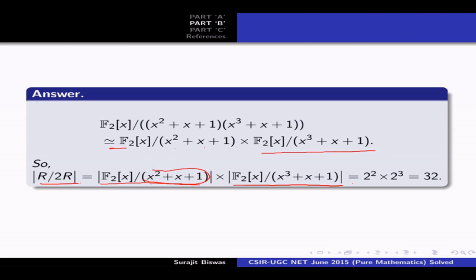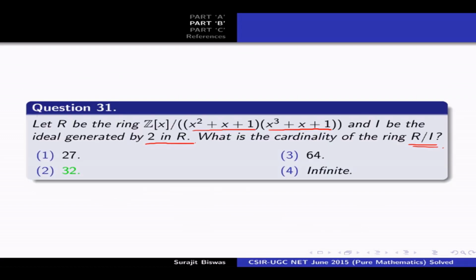So its cardinality is 2 squared, and similarly this is an F2 vector space of dimension 3. Therefore its cardinality is 2 cubed, and the total is 2 squared times 2 cubed, that is 32. So here the correct option is 32.